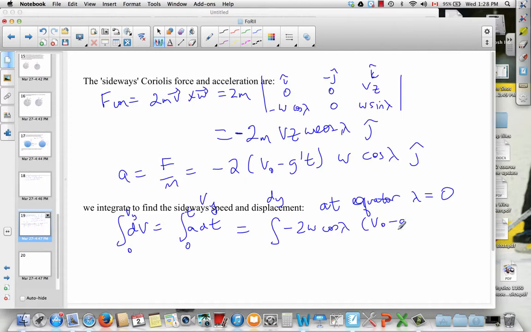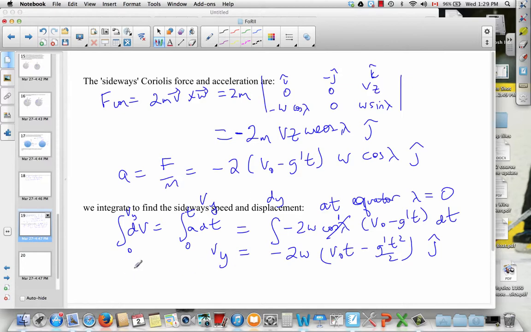Then we get this part here that actually depends on time. So this side, you just get vy minus 0 or vy. Here you get minus 2 omega. Oh, I said I was going to drop the cos lambda, didn't I? Yeah, so that's just equal to 1 now. So the minus 2 omega comes out, and then you get v naught t minus g prime t squared over 2. And so that's the sideways velocity in the negative j direction.